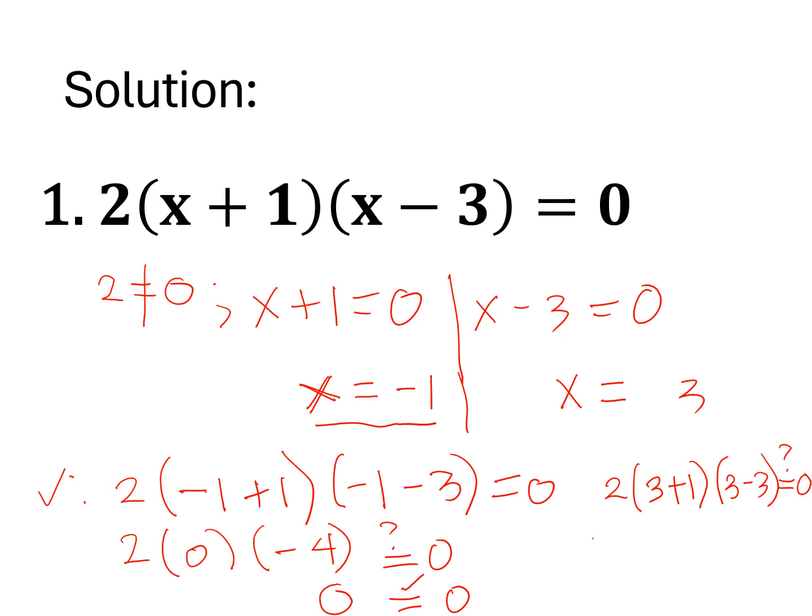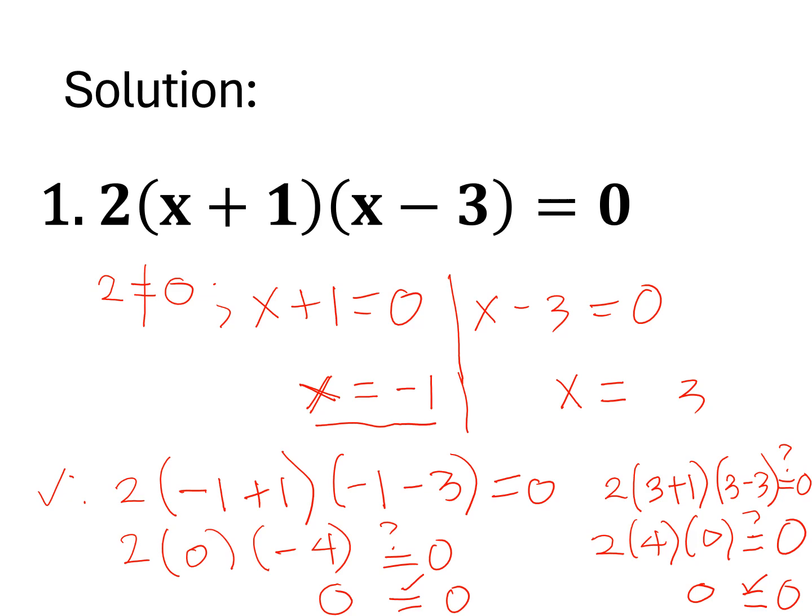Okay, so we have 2, 3 plus 1, so 4. Then 3 minus 3, that is 0. Is it equal to 0? Yes, that is equal. 2 times 4 times 0, that is 0. That is 0 is equal to 0. Correct. So 3 can satisfy the original equation.